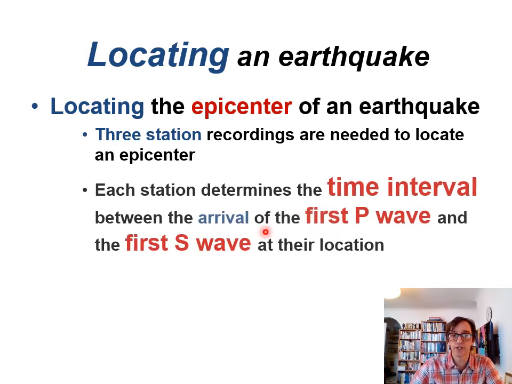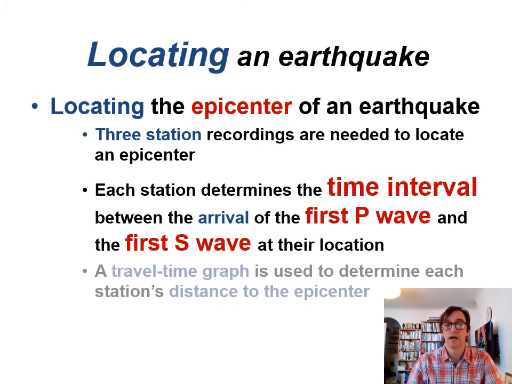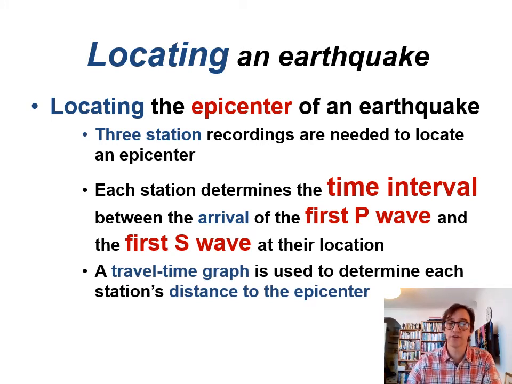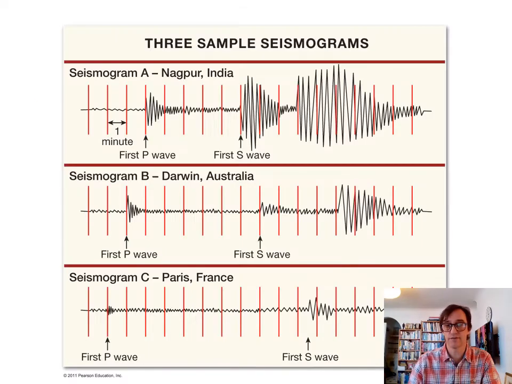Each station determines the time interval between the arrival of the first P wave and the S wave. That's calculated at each of the stations, the time interval in minutes. Is it 3 minutes? Is it 4 minutes? And a travel time graph, a calibration chart, is used to determine each station's distance to the epicenter. I'll show you that on the next slide.